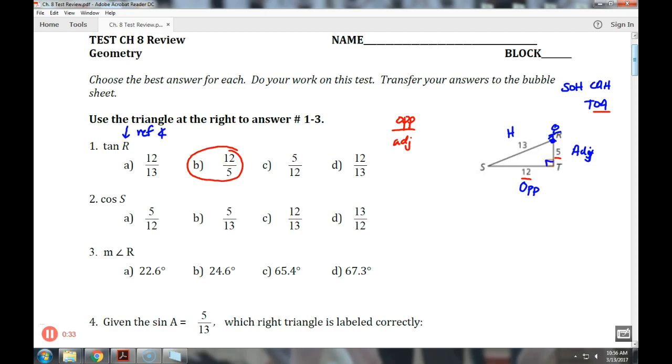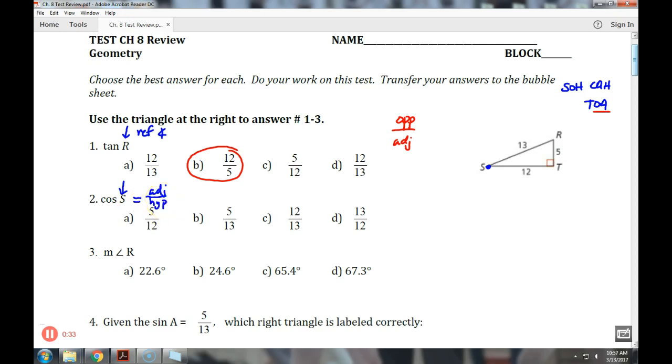Number 2. Now notice things change a little bit. I'm going to erase this because for number 2, I now have a different reference angle. My reference angle is now S. I need cosine, and cosine is adjacent over hypotenuse.